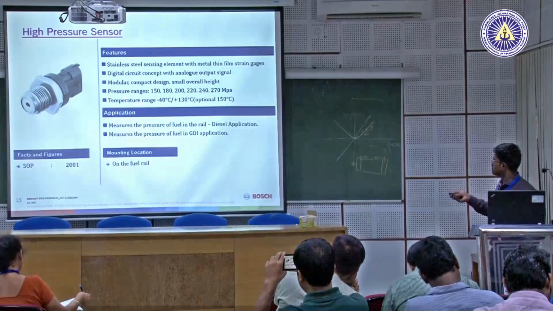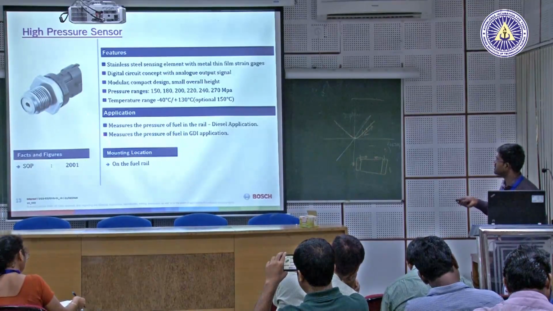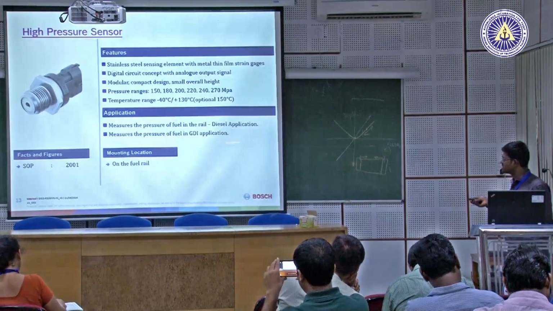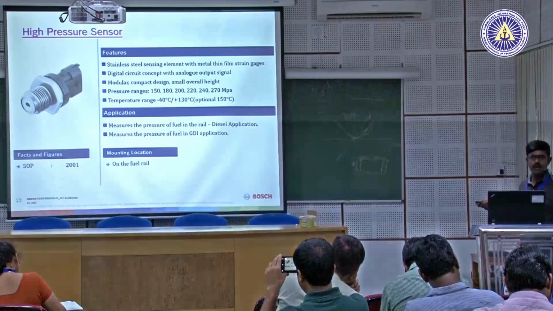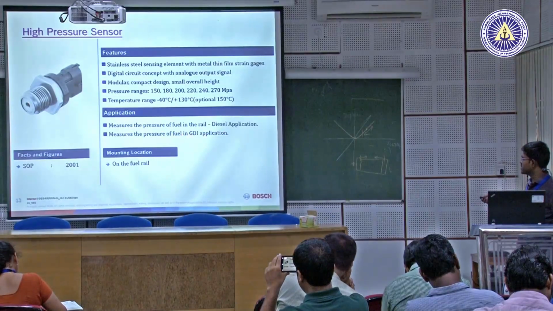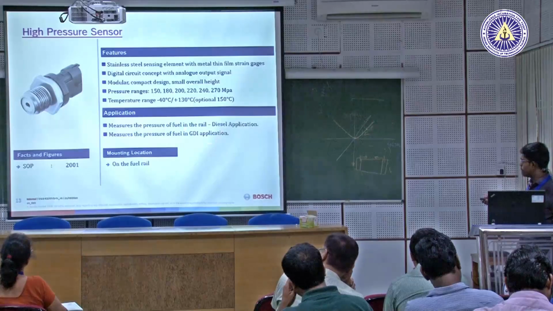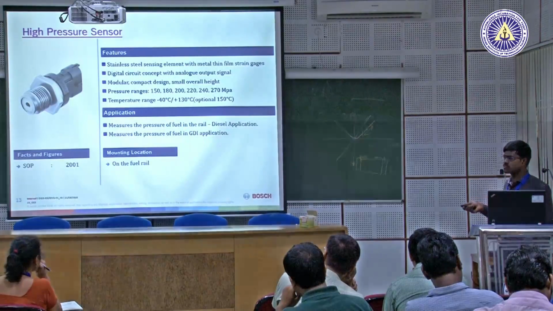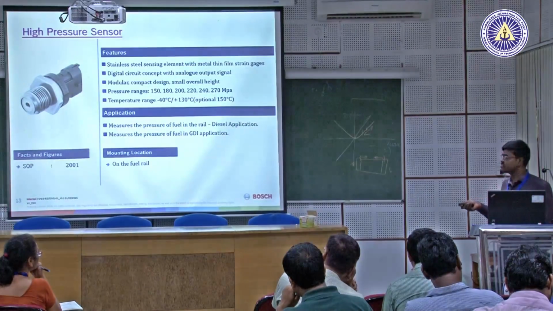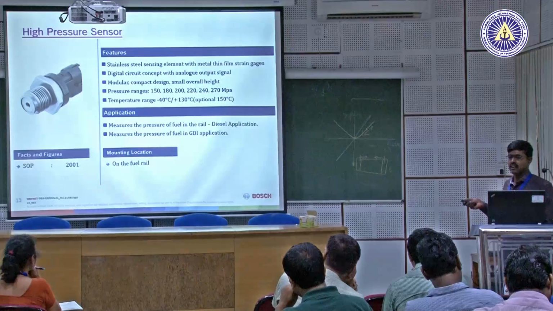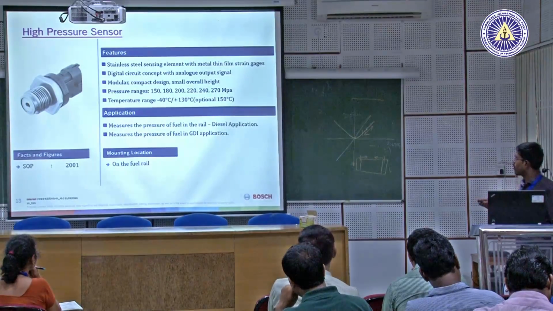This high pressure sensor is used in diesel applications, mainly common rail applications, and it is also a new technology for gasoline engines, that is petrol engines, in gasoline direct injection.